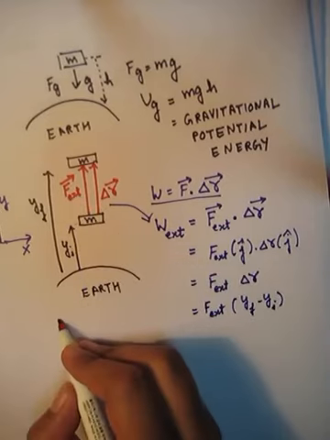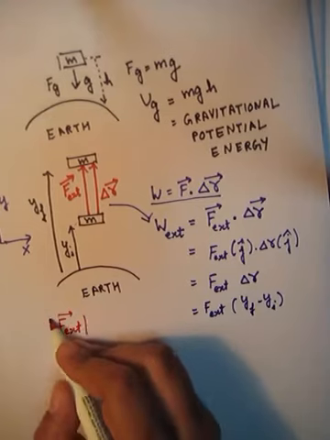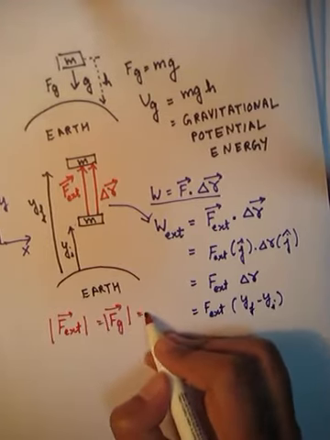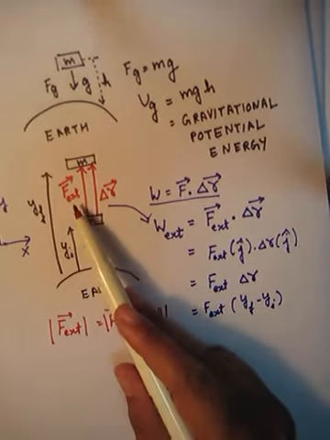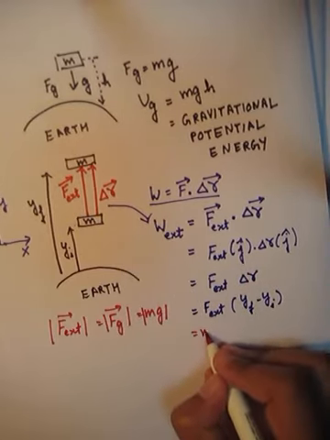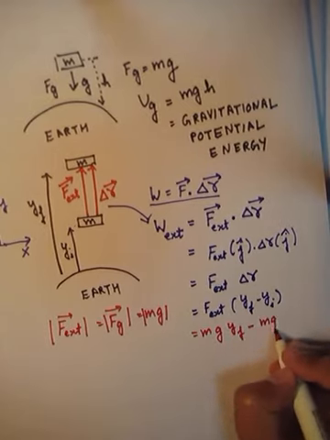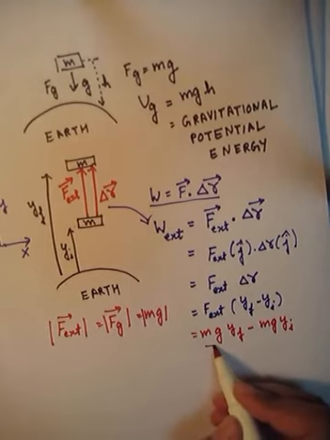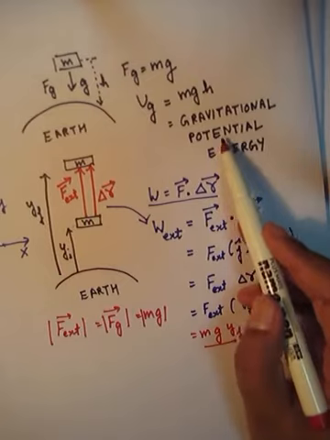and this force F external is such that its magnitude is equal to the gravitational force magnitude, which is equal to mg. So we've taken this external force such that it is equal to the gravitational force. So what we'll get here is mgyf minus mgyi. So now what is this quantity? This quantity is the potential energy, the gravitational potential energy.